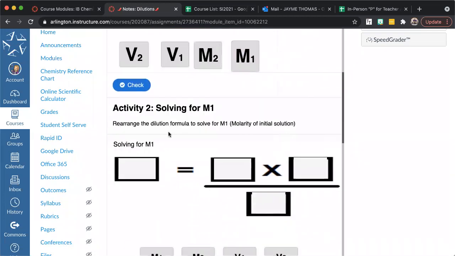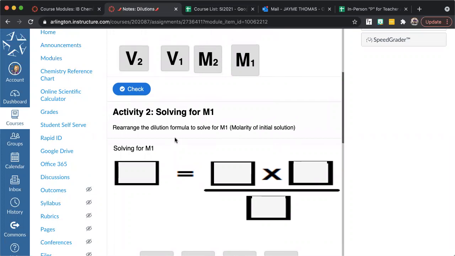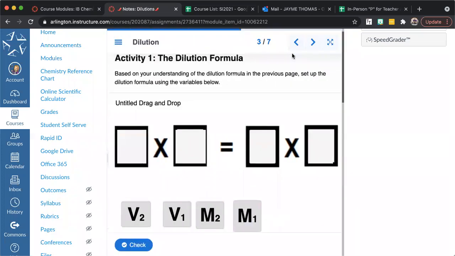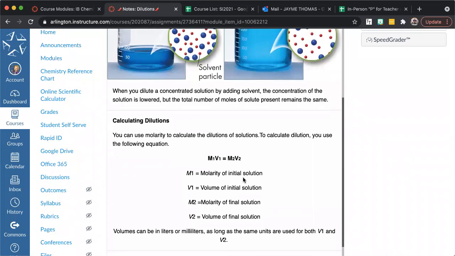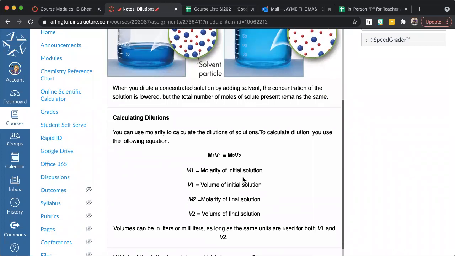This one says they want us to rearrange the formula so that we are solving for M1. So if I go back to the previous page, how do you think I would get M1 by itself on one side of this equation? What would I need to move or rearrange to do that?